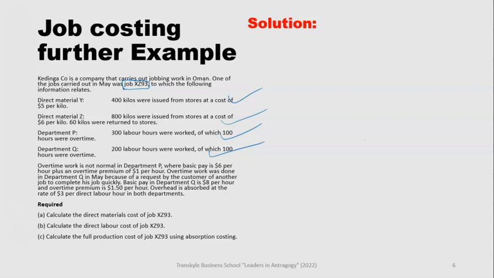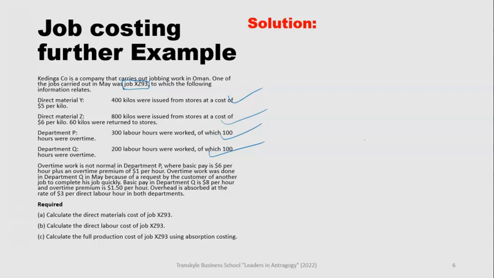Now, overtime work was done in Department Q because of the request by a customer of another job to complete his job quickly. So this was for Department Q, it was just overtime for another job, not for this particular job.